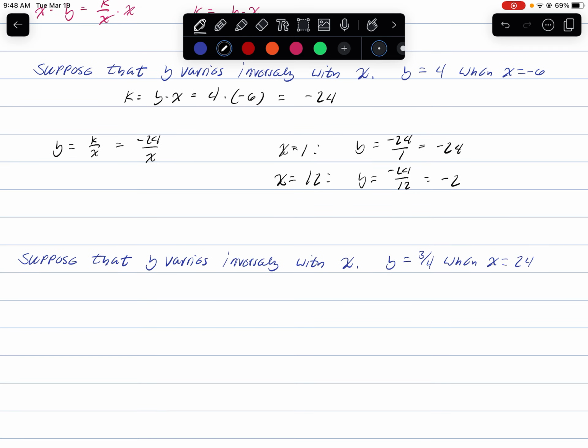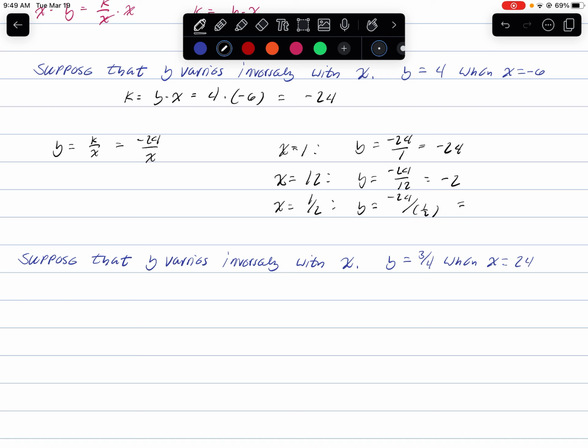Now, what about when x gets smaller? Let's say we have x equal to 1/2. Then we have y equals negative 24 divided by 1/2.